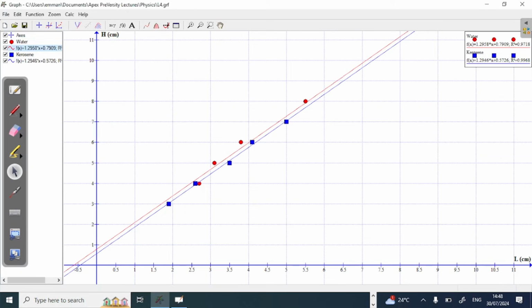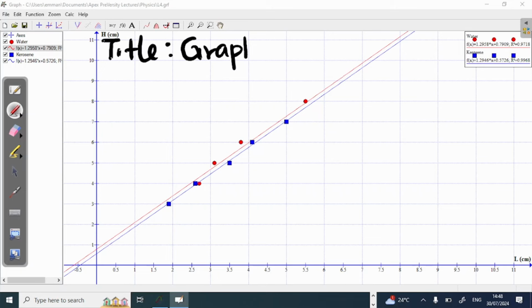Before any other thing, don't forget that every graph must have your title and scale. The title of this graph is simply the graph of what I have on my vertical axis, h, that's real depth, versus L. Let me indicate units: graph of h in centimeters versus L also in centimeters.